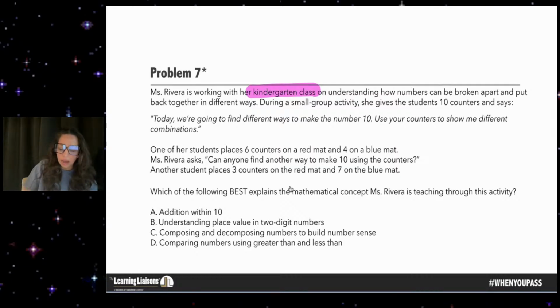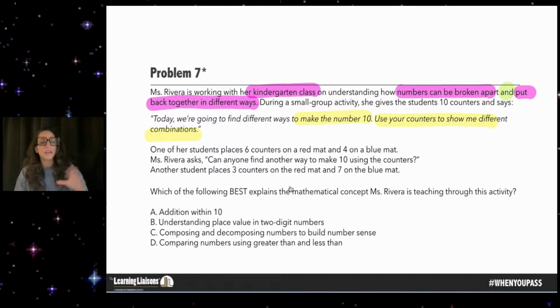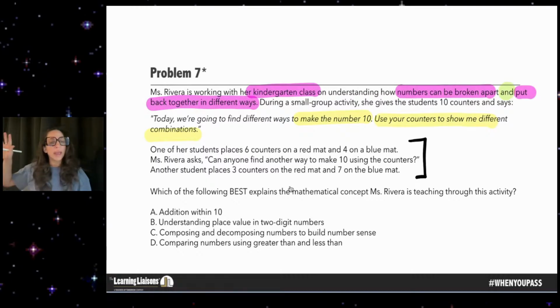On understanding how numbers can be broken apart and put back together in different ways. Then the activity is that they are using counters to show different combinations to make the number 10. And then one student does it one way and another student does it another way. Really? That's all this part is saying. So that's a lot of words to say. One student does it one way, another student does it another way, and that's it.